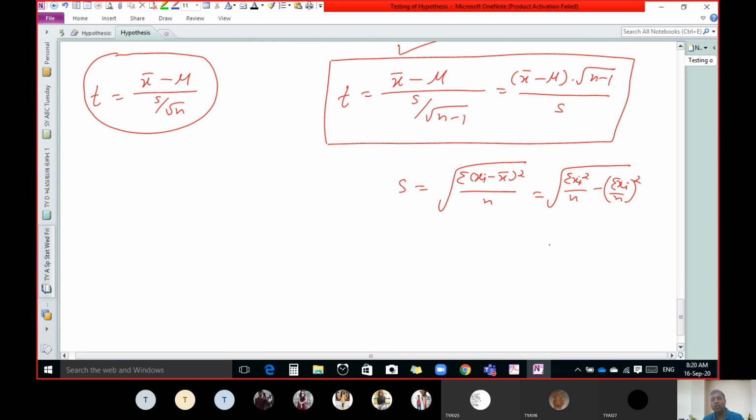So calculate all these values and put all values in our formula. We get the value of t. So by using this, let us say this is equation 1.